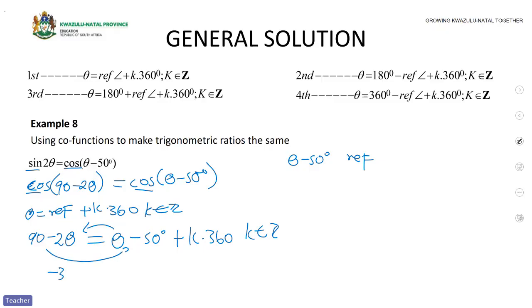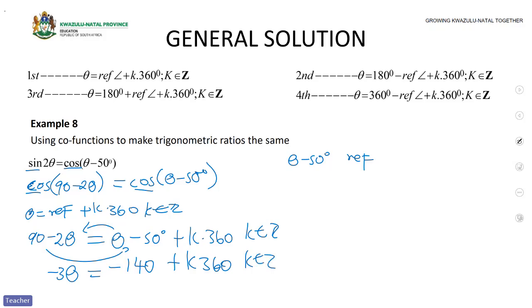Then it's going to be negative 3 theta equals 90 and also 50. 90 when moved to the other side will be negative, so it's going to be negative 140 plus k times 360, where k is an element of all integers.